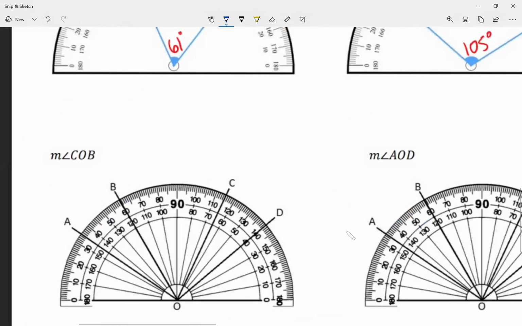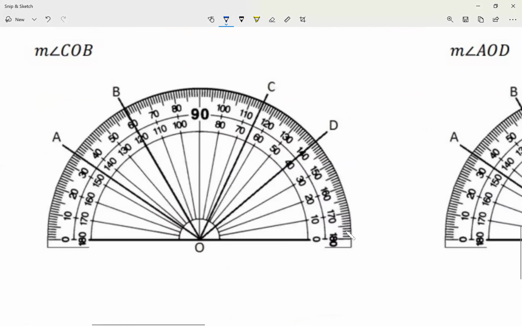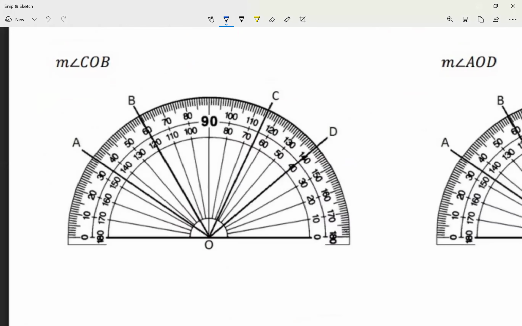Another way you guys are going to see this, I might give it to you like this. I might give you, and then I will ask, give me the measurement. So that little M, and then looks like an angle. What I'm asking there is the measurement of angle COB. So what I'm going to do, I'm going to connect C with O and B in that order.